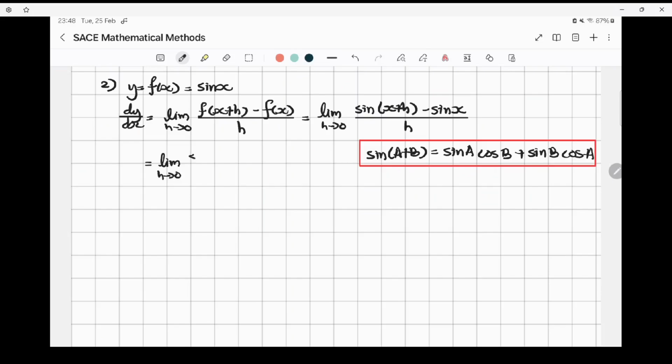You will have sine x cos h plus sine h cos x. I think it's better for me to move it downwards. And then minus sine x, and the whole thing you divide by h. This is x.